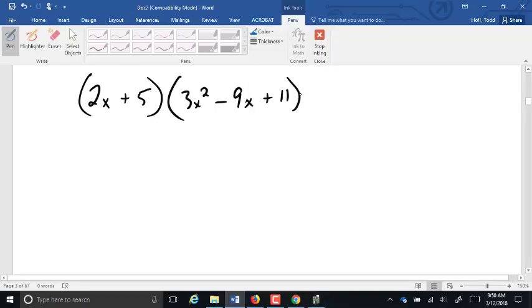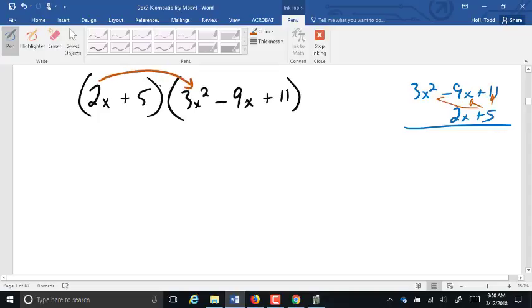Now, if we were to write this out the long way like we did some of those, it works just like any of the others. You did the 5 times each digit, then you did the 2x times each digit. But that takes up some space. So we can go back and we can do our shortcut, our FOIL. We just have to modify it because there's extra digits.